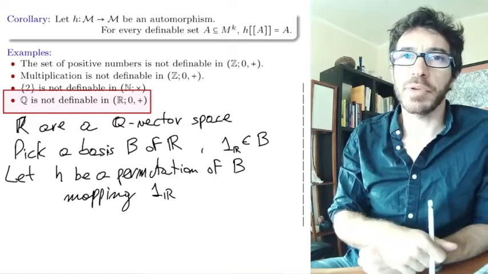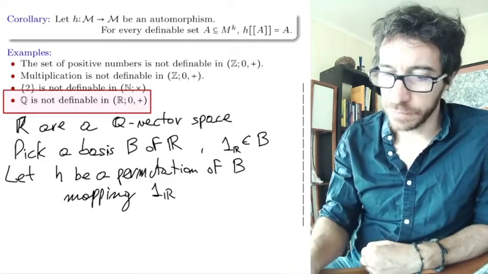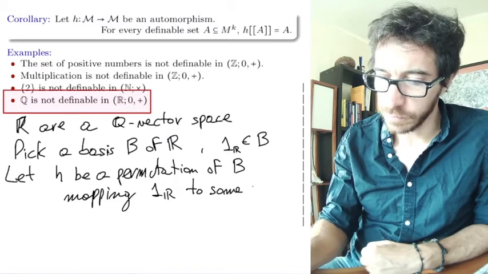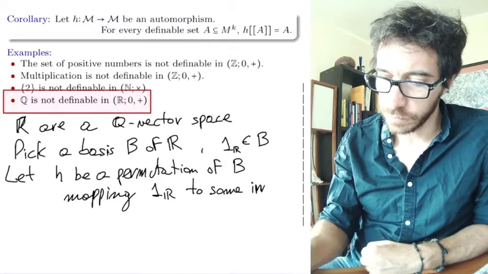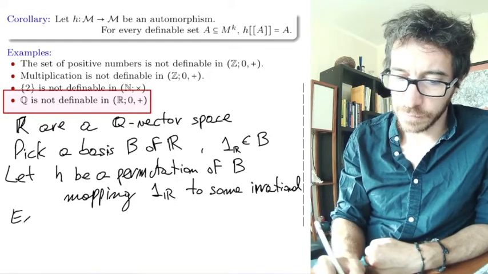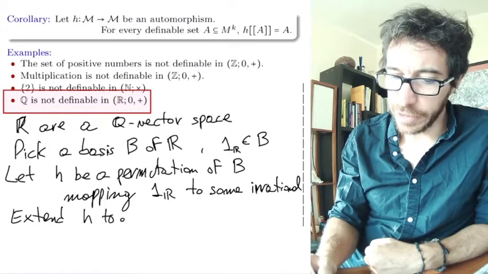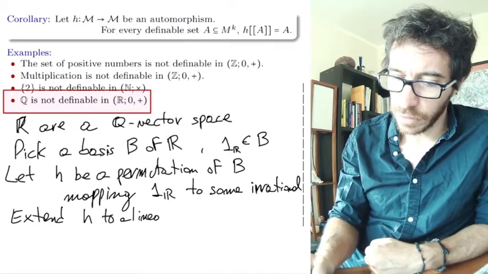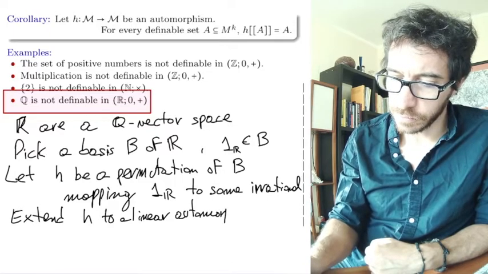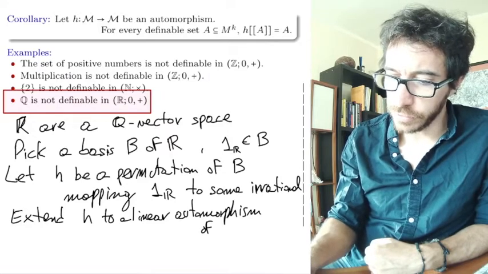So the other elements of the basis are going to be irrational. And now extend H to a linear automorphism of the reals.